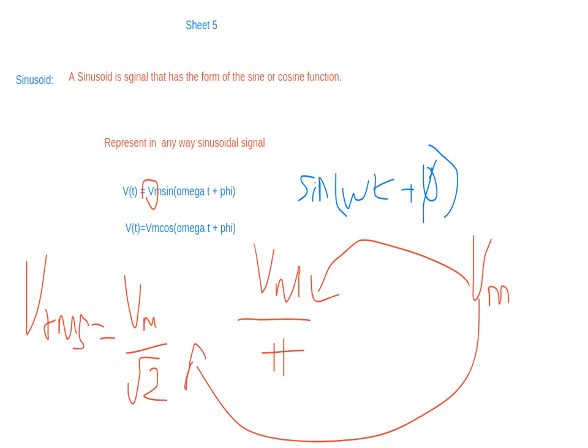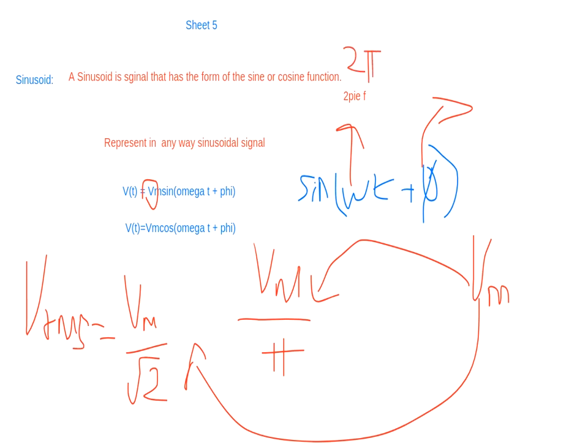And what is this phi? This phi is called phase shift, okay. Similarly, from this equation, you see you have an omega here. What is omega? Omega is nothing but 2 pi f. Okay? So generally, you will write like this: 2 pi f.